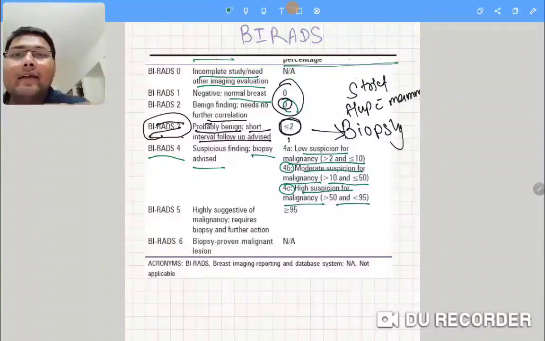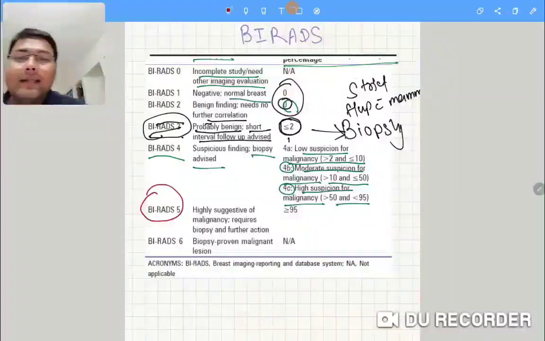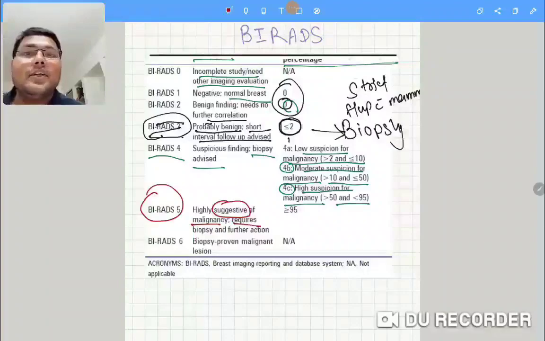In BI-RADS 5, what is there in BI-RADS 5? It is highly suggestive, not suspicious, it's highly suggestive of malignancy. You should go for a surgical intervention in this patient.